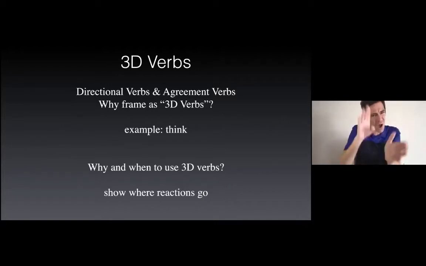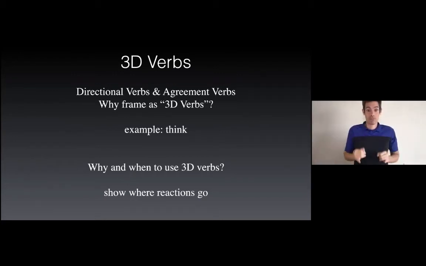Again, I use that word 3D because ASL is a 3D language. So even simple things, verbs move in ASL. And so we're watching how that reaction moves in which direction. Many people assume that it applies only when the subject is reacting to some object. But that's actually not true.